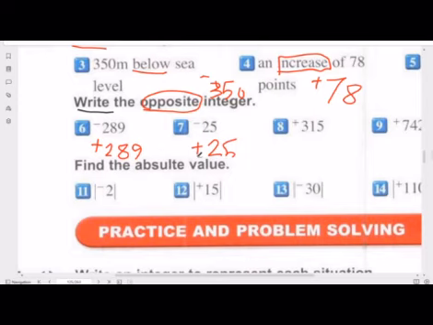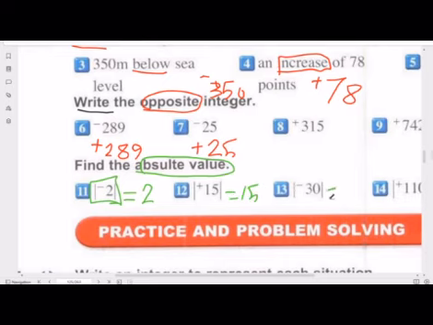But question 11 says find the absolute value. The absolute value is not like this one. It's not taking the opposite of numbers. It is a distance. We say the absolute value, these two lines, means the distance. It cannot be negative. So what is the absolute value of negative 2? It is 2. The absolute value of 15 is 15.